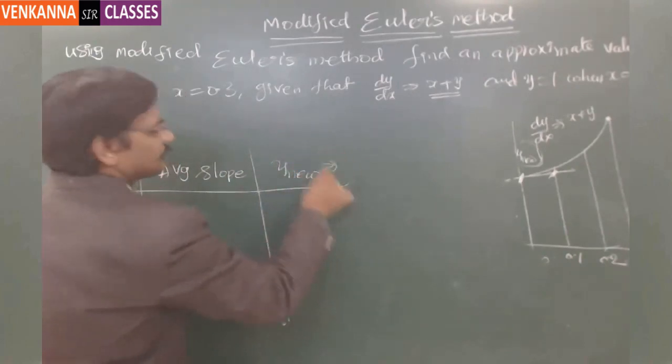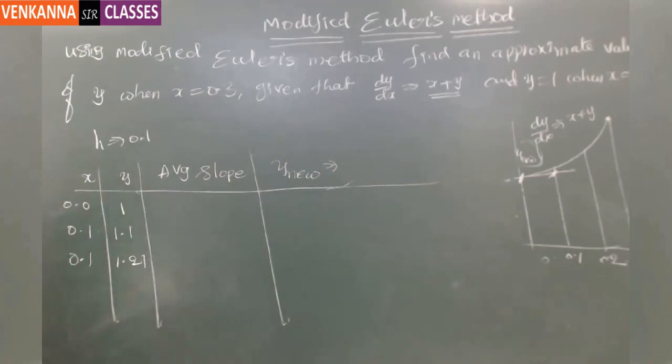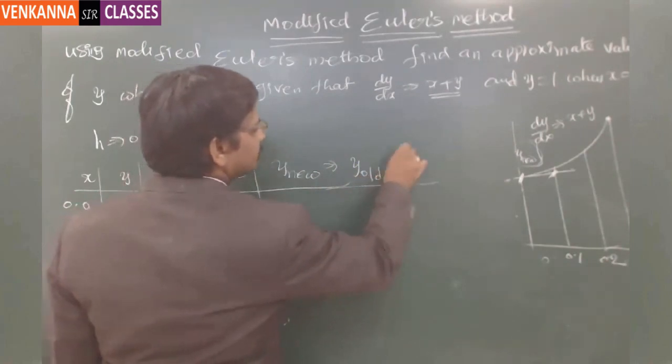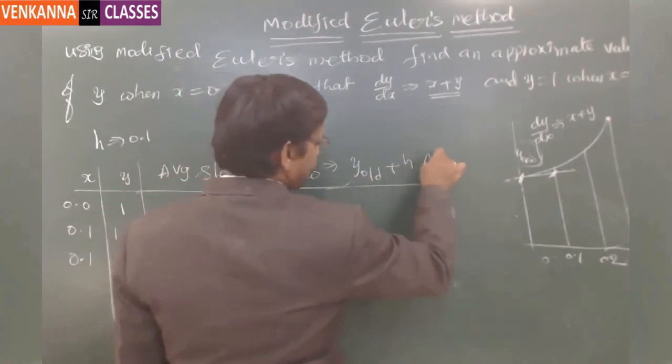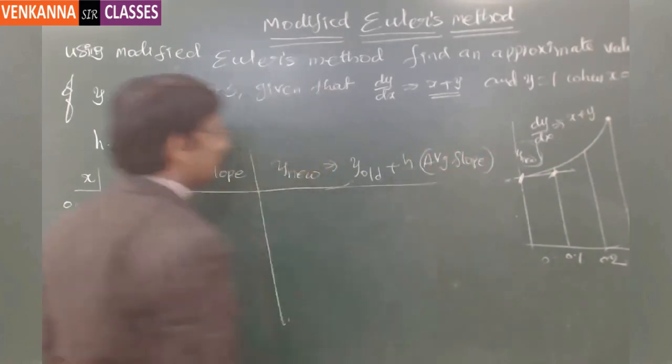So this is y old plus h into average slope. This way the table will be better.